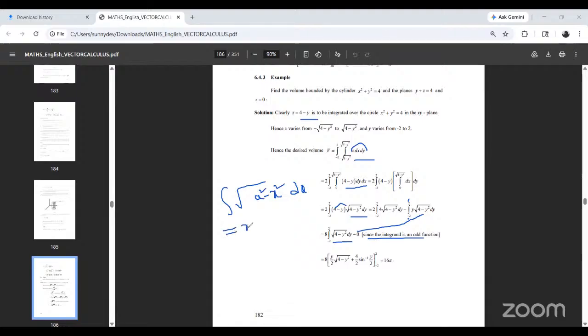That is x by 2 under root of a square minus x square plus a square by 2 sine inverse x by a. So using that formula we are getting this. Now apply the limits. What are the limits? Minus 2 to 2. When you apply minus 2 to 2, then we are getting minus 16 by 5.